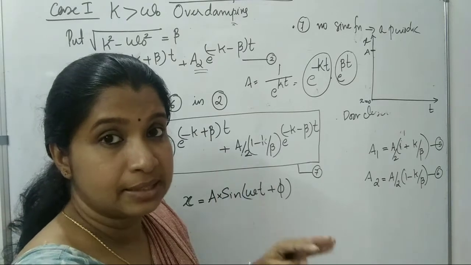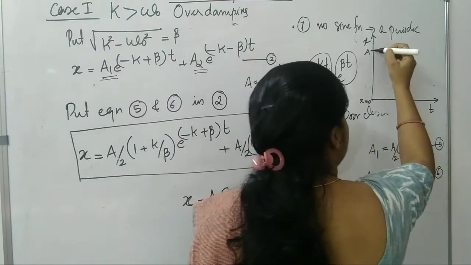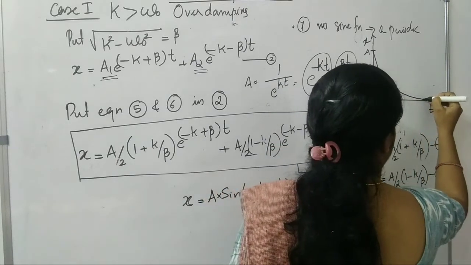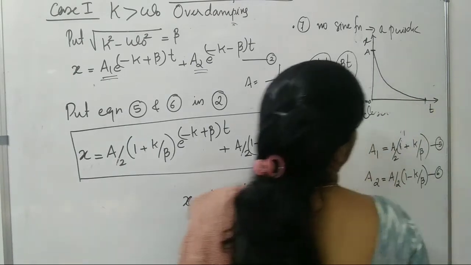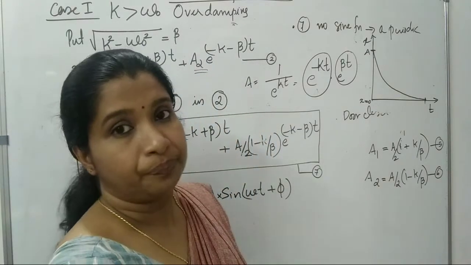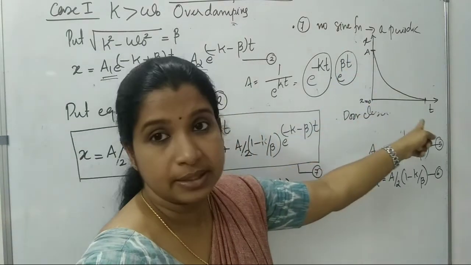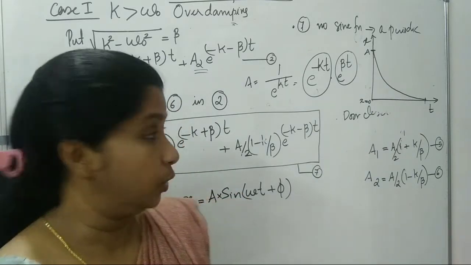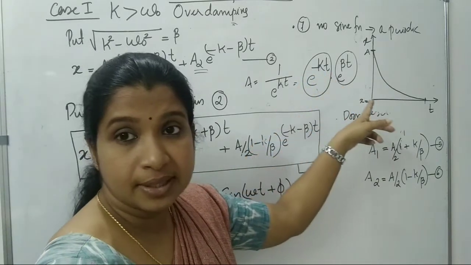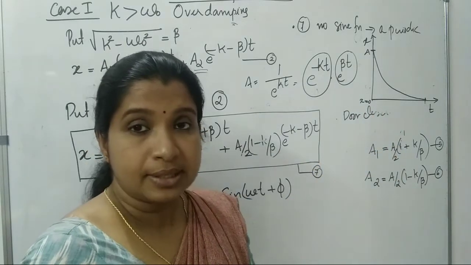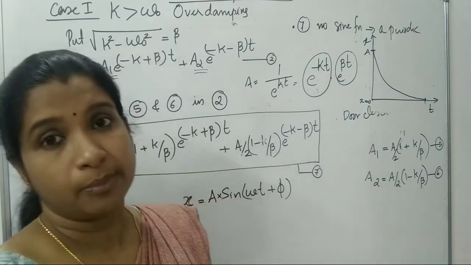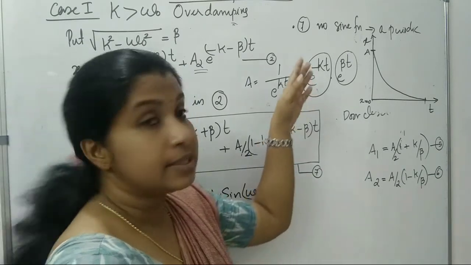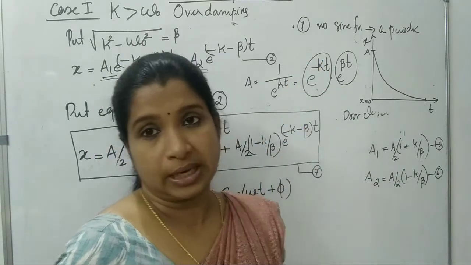When we release the body, it slowly comes back to the equilibrium position. t is equal to 0. This graph represents overdamped motion. So in overdamping, due to the presence of e raised to minus kt, when time increases, exponential decrease of amplitude occurs. Due to the absence of sine function, the motion is aperiodic or non-oscillatory.